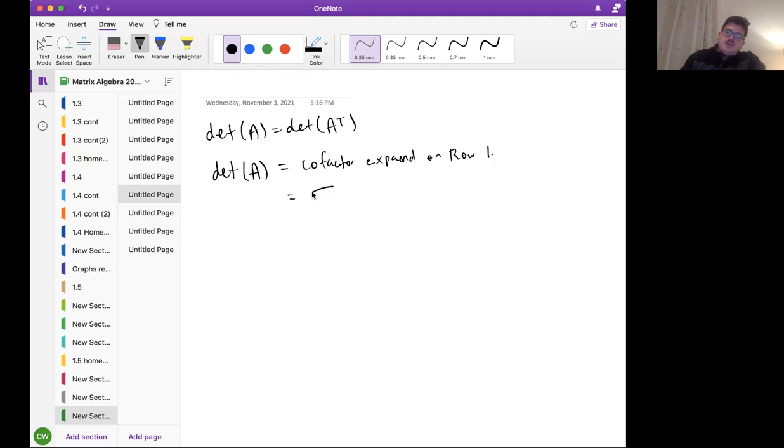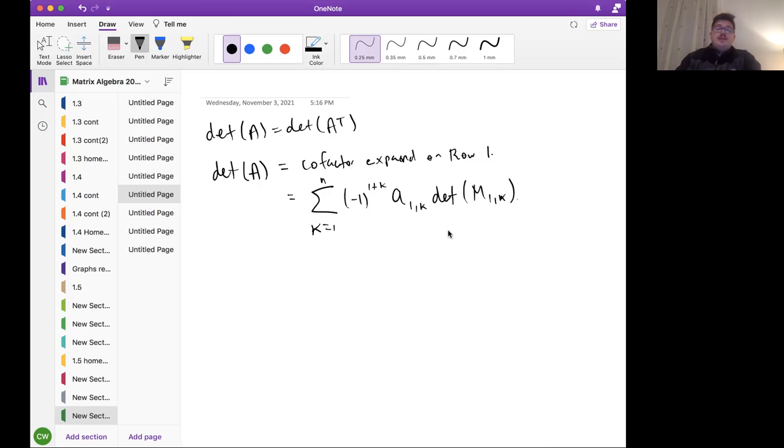So it would be the sum k equals 1 to n of -1 to the k plus 1. Let's do 1 plus k, a1k, determinant of m1k.